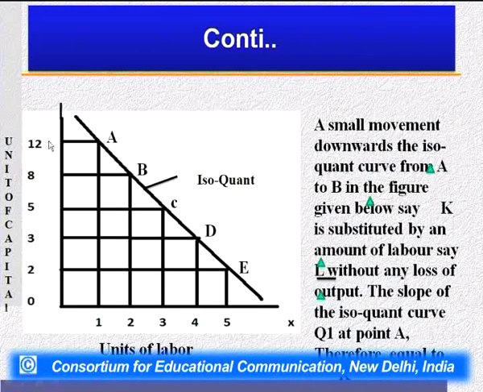So this is the area you can call the marginal rate of technical substitution, the rate at which the number of units is reduced to keep the output level constant, which is 4 units. The same manner continues up to 5 units of labor, or up to the E combination. So this is the representative figure for the marginal rate of technical substitution.